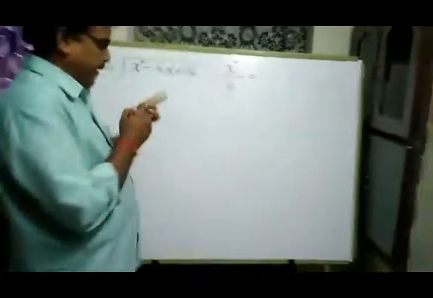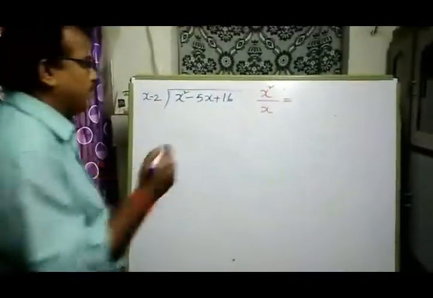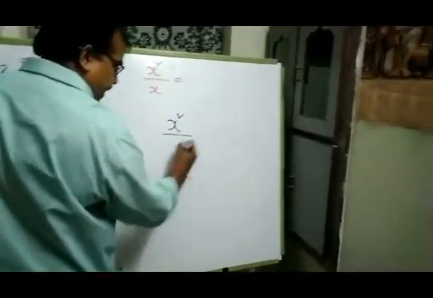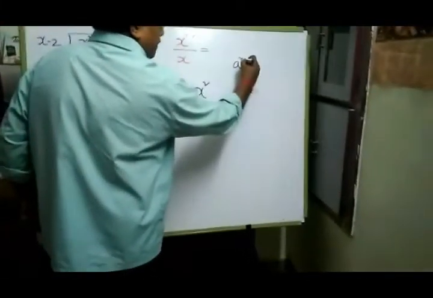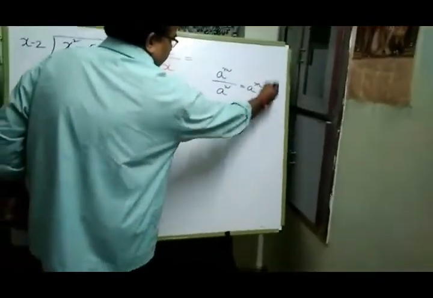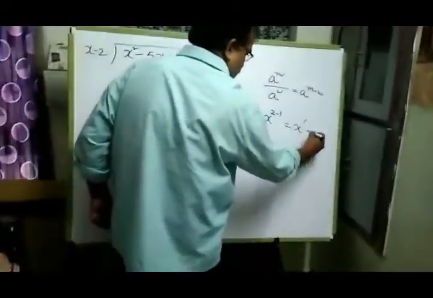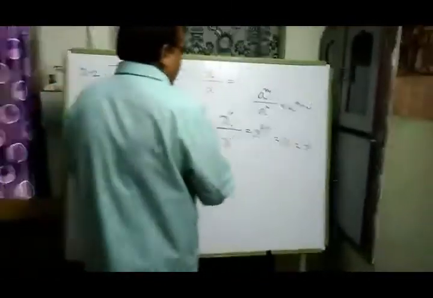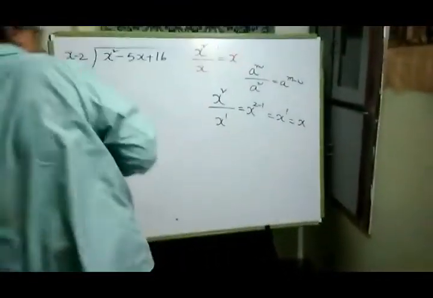Using a to the power of m by a to the power of n is a to the power of m minus n, x to the power of 2 minus 1 is x to the power of 1, which is x. The result is x.